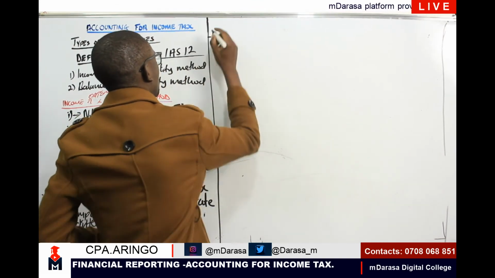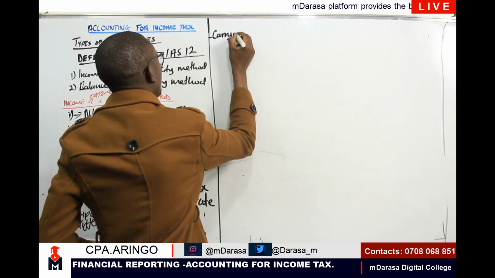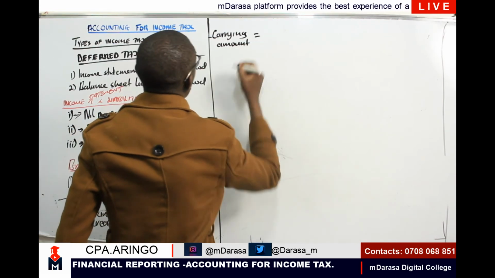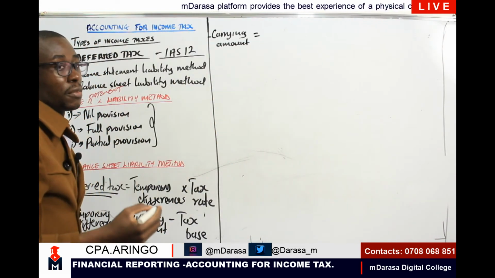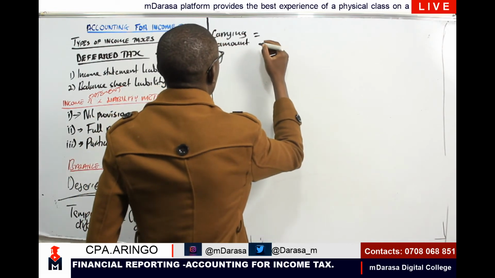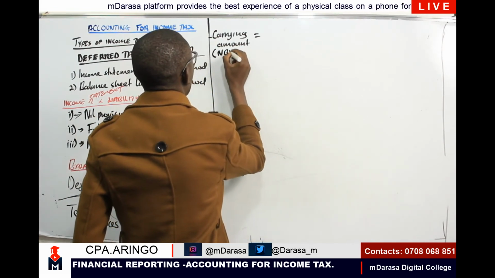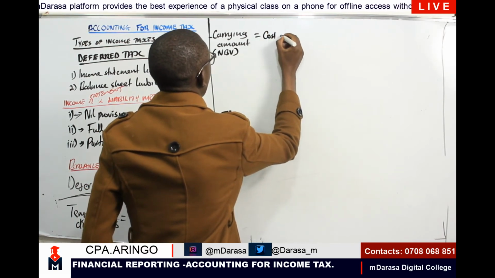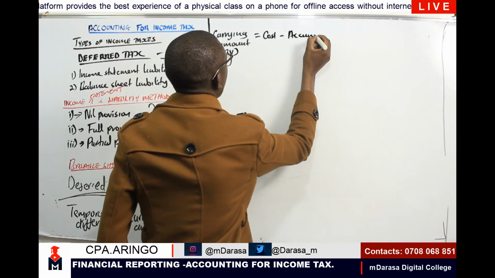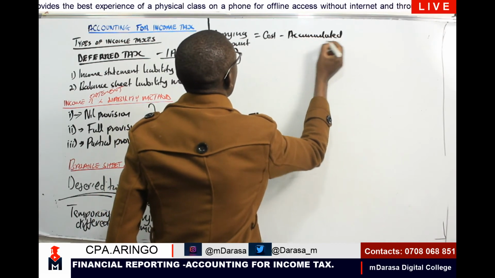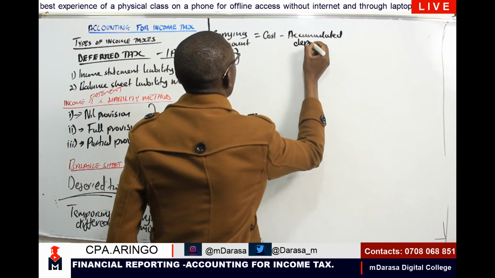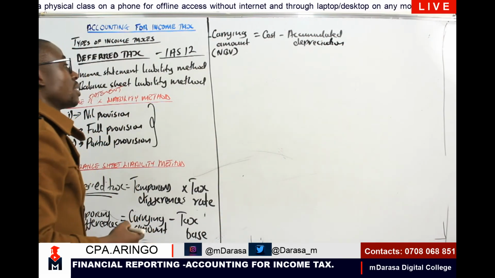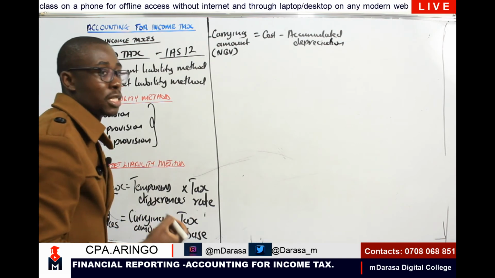The carrying amount is the same as net book value, where we are talking of the difference between our cost minus our accumulated depreciation. This is what will give us the carrying amount. That is cost minus accumulated depreciation.